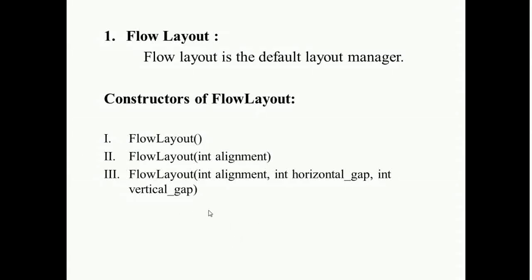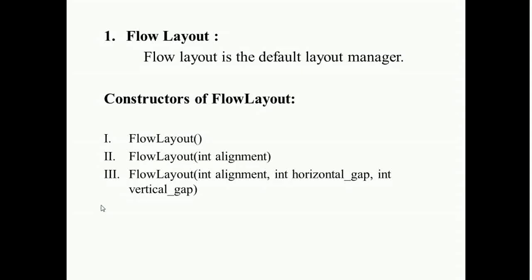And the third constructor having three parameters: first is int alignment, second int horizontal gap, and third int vertical gap. This constructor requires the alignment and the horizontal and vertical gap between the components. So these three are the constructors of the flow layout.